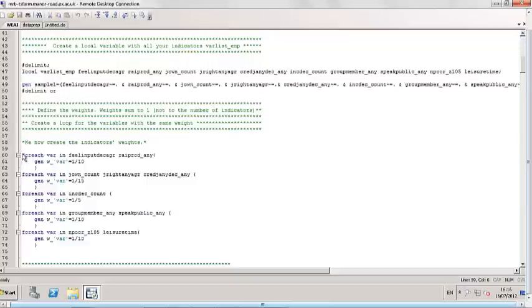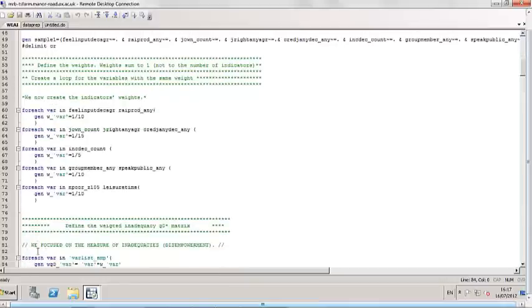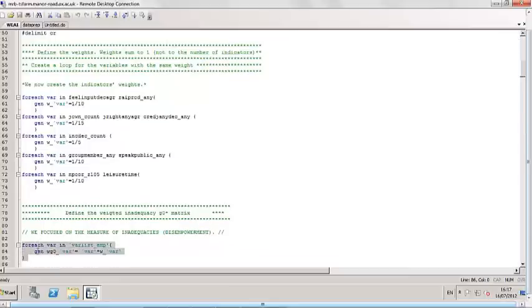Then we create the indicators' weights. Then we define the weighted inadequacy G0 matrix. Each weight G0 variable corresponds to a column of the matrix.